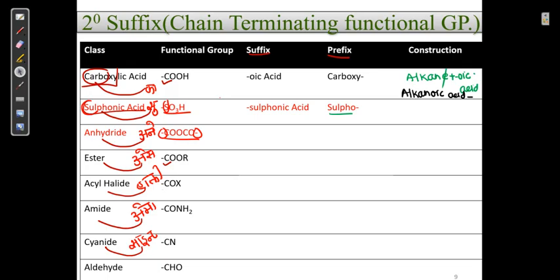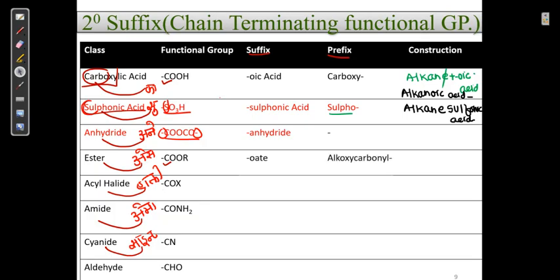Then in a similar way, alkane, we do not remove E from here because this is sulfonic acid. There is no prefix in case of anhydride, and that is simply anhydride. Ester, this is known as OATE.